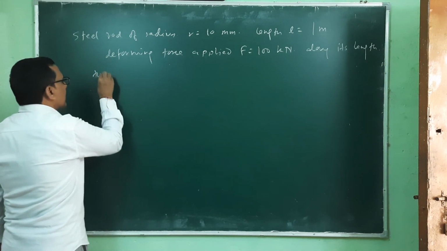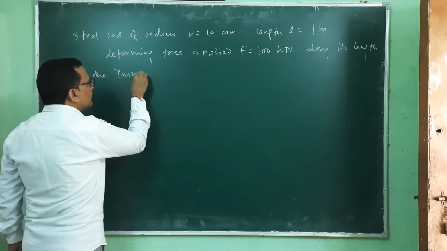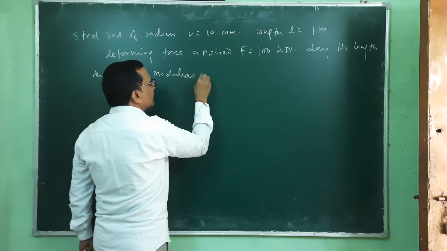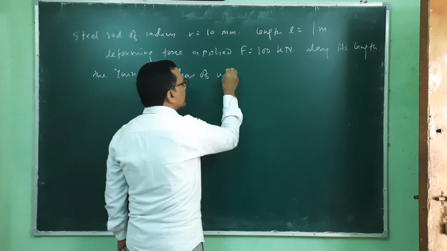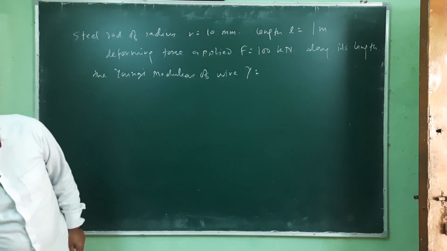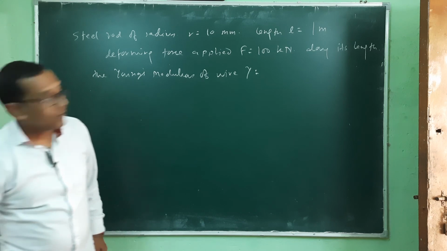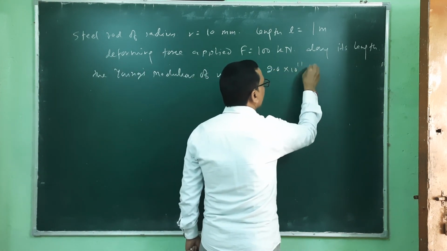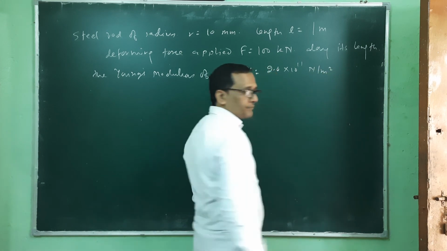The Young's modulus of the wire, Y, is also given, that is 2 into 10 power 11 newton per meter squared.